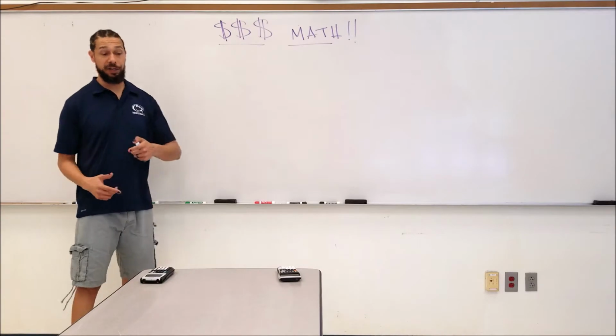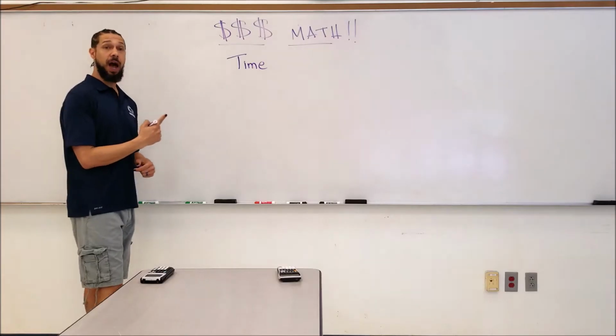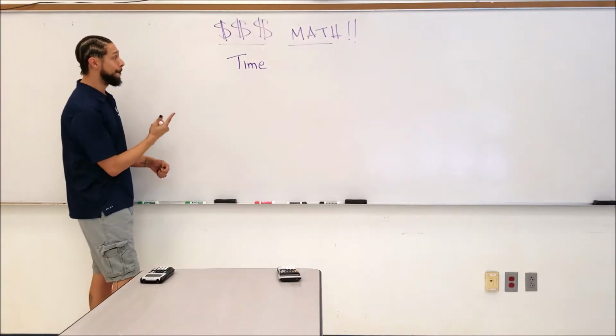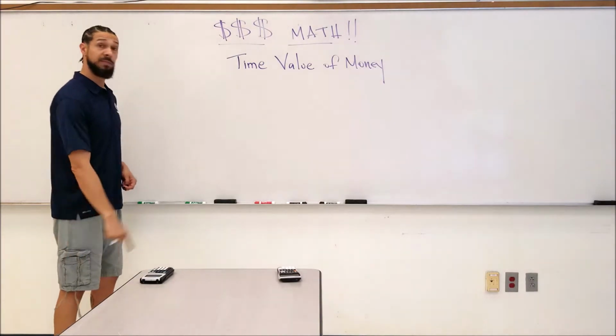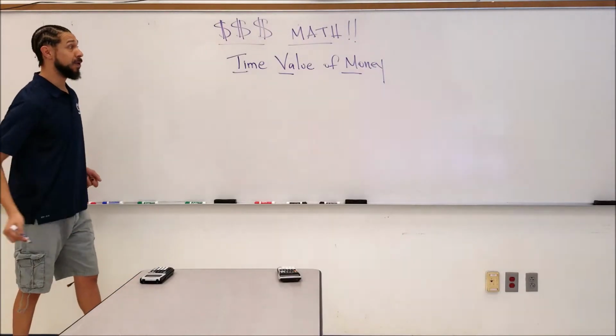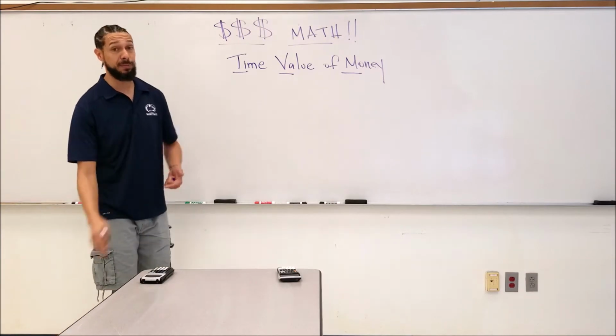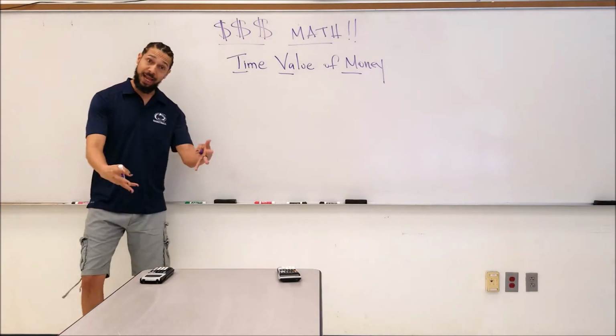So, on these calculators, each of them has a program called TVM. T for time, V for value, and M for money. T, V, M. So each of these calculators has a TVM solver. Today we're going to talk about how to solve these problems using these types of calculators.